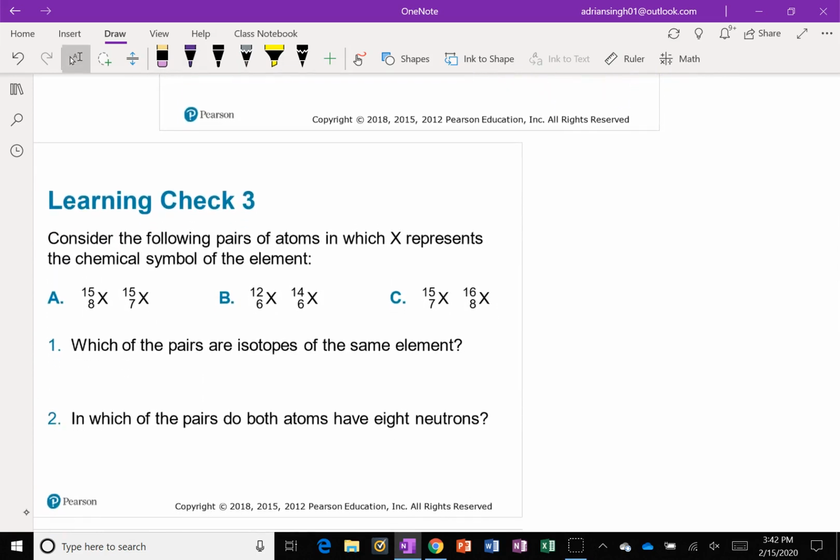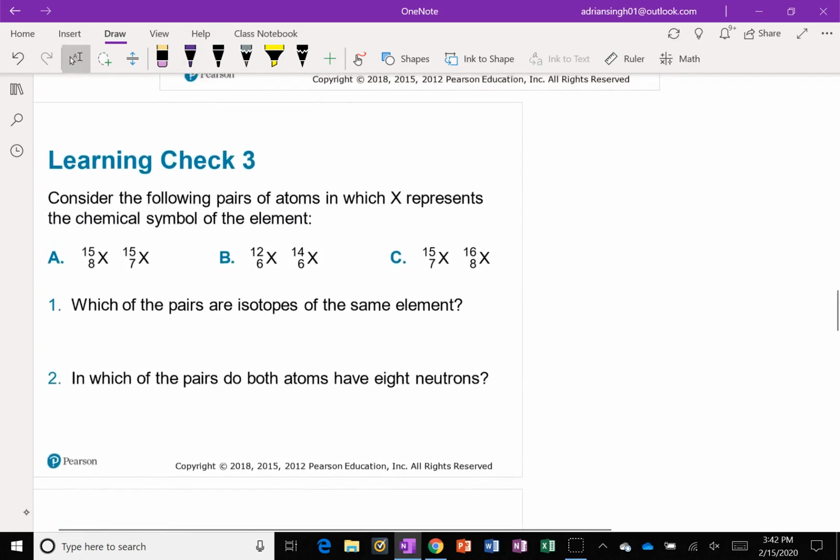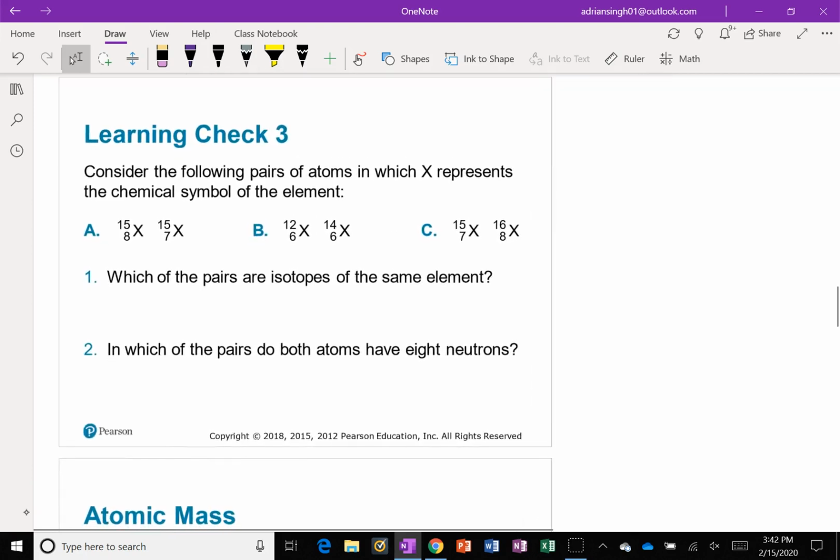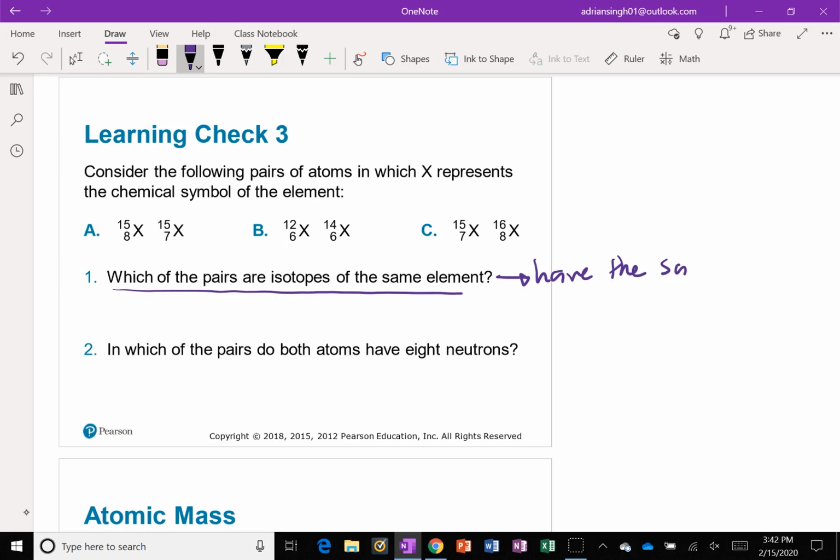All right, and another way this question could be posed, so we're given 3 choices here, A, B, and C, and then we need to answer the question. So which of the pairs are isotopes of the same element? Right, so remember, isotopes have, or they should have, the same atomic number or number of protons.